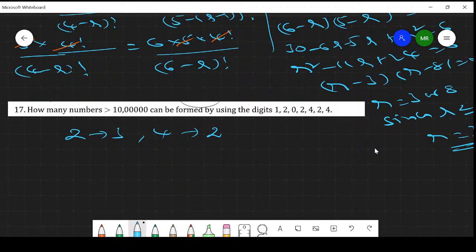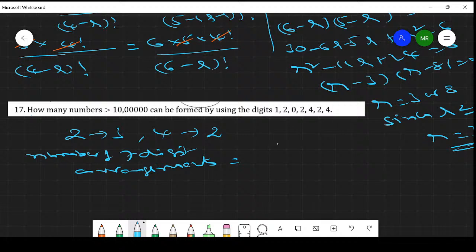So the number of 7-digit arrangements is equal to 7 factorial, because total 7 digits, divided by 3 factorial, because 2 repeats thrice, and 2 factorial, because 4 repeats twice. This is the number of 7-digit arrangements.